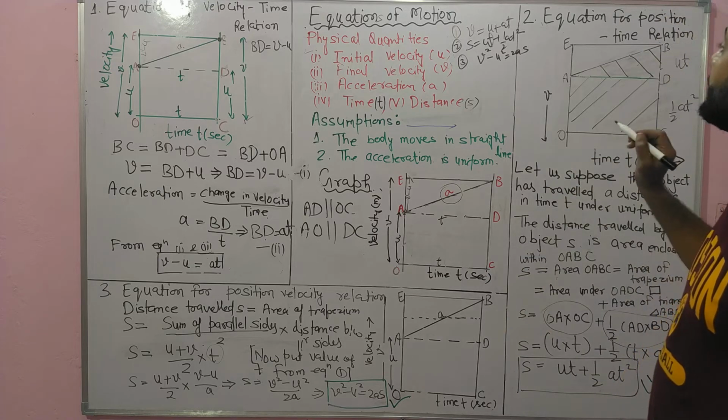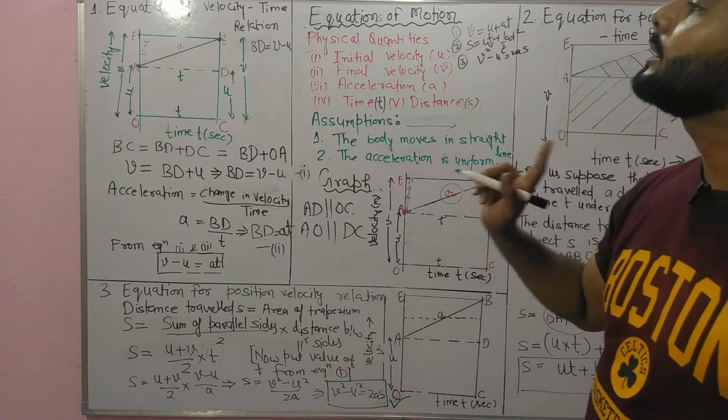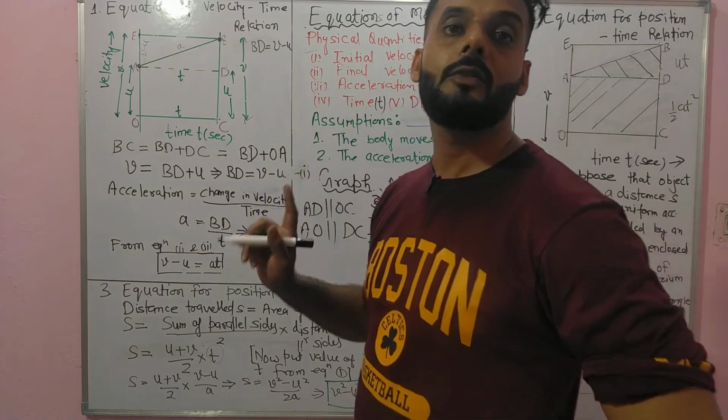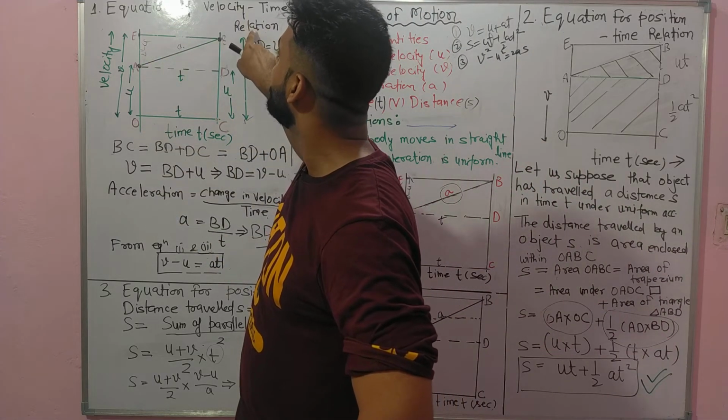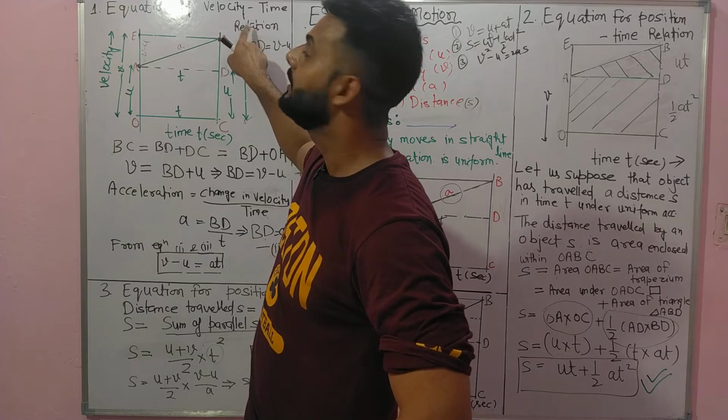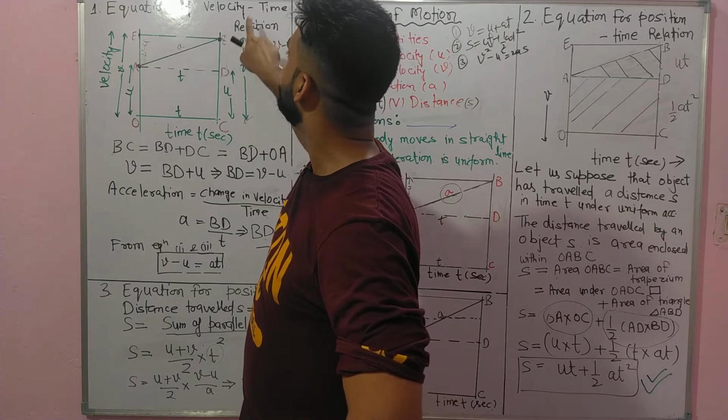Now we will come to our first equation. First equation is equation of velocity time relation. This one is called equation of velocity time relation.